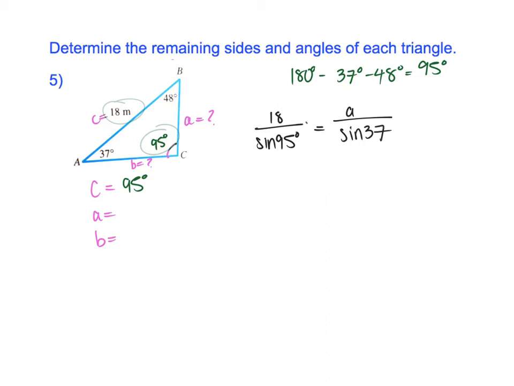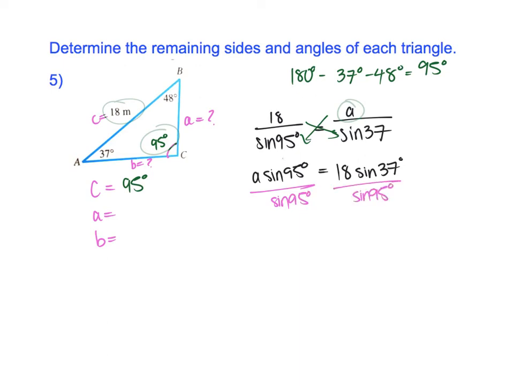I've created a proportion where I will try to solve for a. Again, cross multiply so you can get rid of the fraction. So this is 18 times sine of 37 degrees equals a times sine of 95 degrees. Then we divide both sides by sine of 95 degrees to cancel out the 95 on the left-hand side, and a comes down.